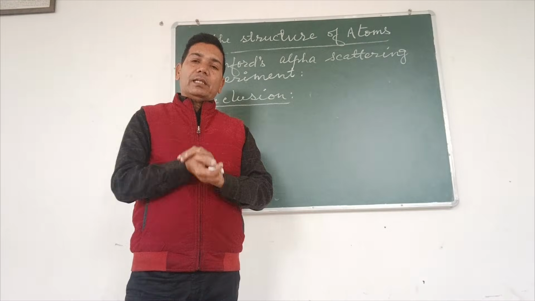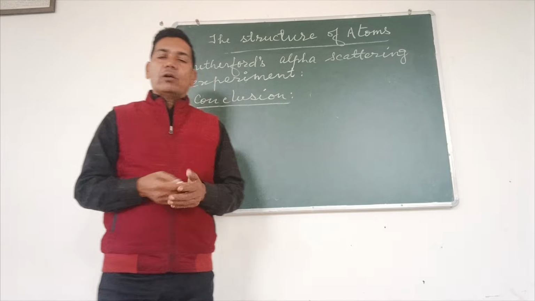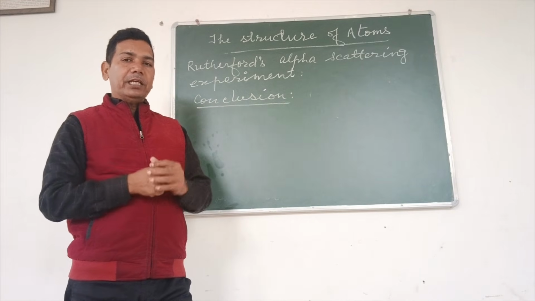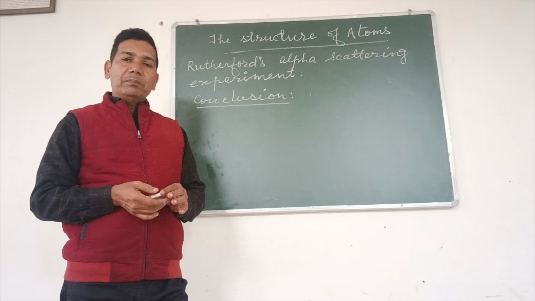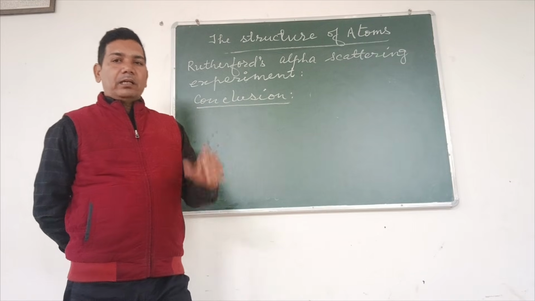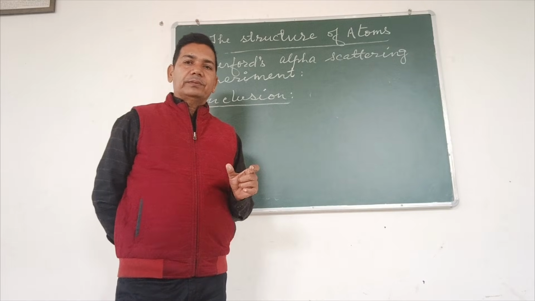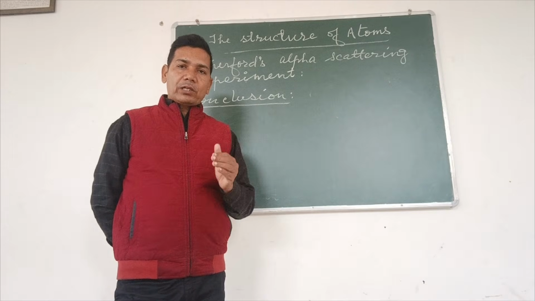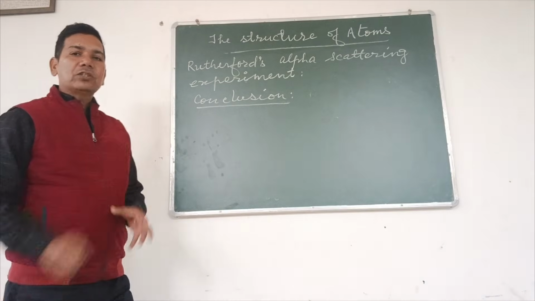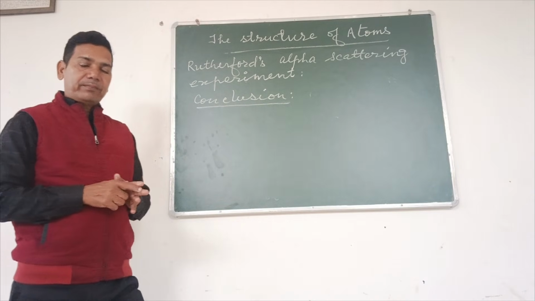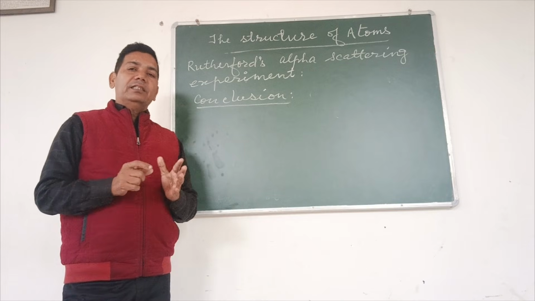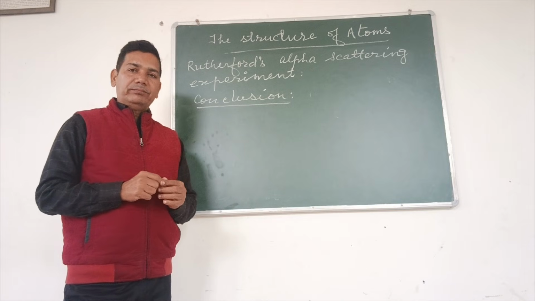As most of the alpha particles crossed the gold foil without any deflection and without any change in its speed, Rutherford came to the conclusion that the atom's mass is not uniformly spread, as it was said in J.J. Thomson's atomic model.